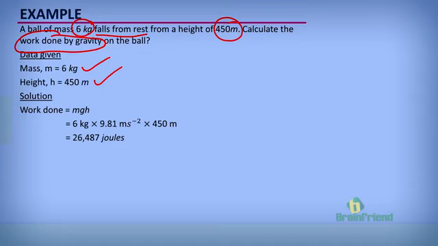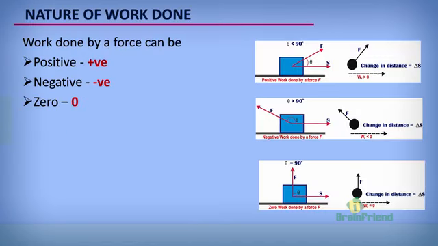Then the solution: work done, remember, is mass times acceleration due to gravity times height. Our mass is 6 kilograms, acceleration due to gravity is 9.81 meters per second square, and our height is 450 meters. When you multiply out, you get 26,487 joules. This is a very simple question.